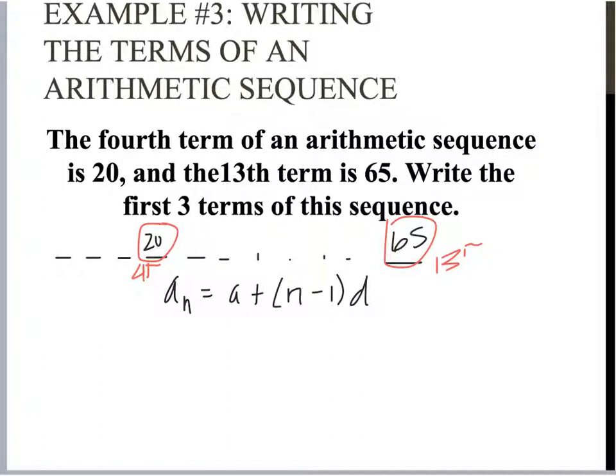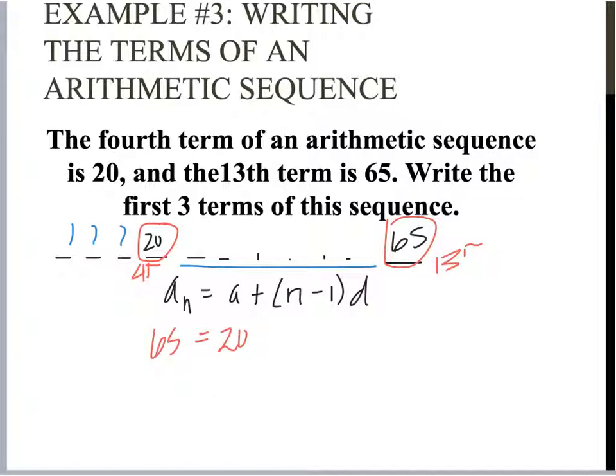So we would write a sub n, and a sub n is the last number, and so for us that's 65, equals a is going to be 20. It's going to represent our first number, even though it's not the first number, but it's easier for us to figure out what the sequence would be in this area so that we could figure out what it's supposed to be in the front, okay?